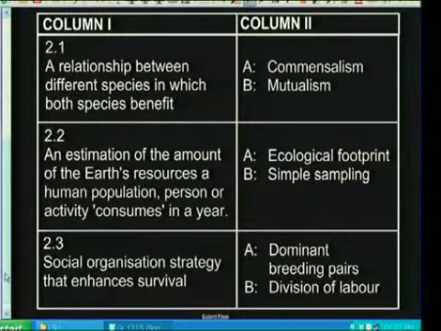Let's look at the first column. Here we've got a description: a relationship between different species in which both species benefit. Now we would see this interaction normally where organisms interact with each other, either they benefit from each other, or they're harmed, or neither benefits. And we refer to these interactions between them as symbiosis relationships. So we have parasitism, we have mutualism, and we have commensalism. A parasite is one that lives off a host, and obviously in that relationship the parasite benefits and the host is harmed.